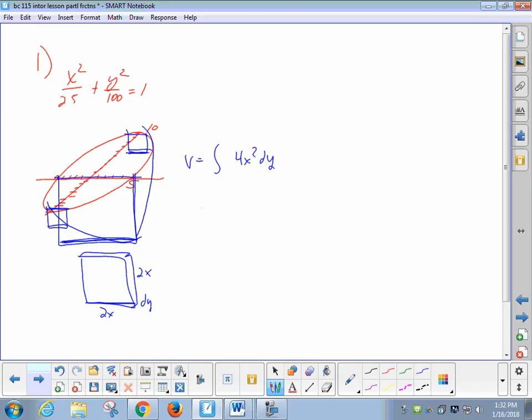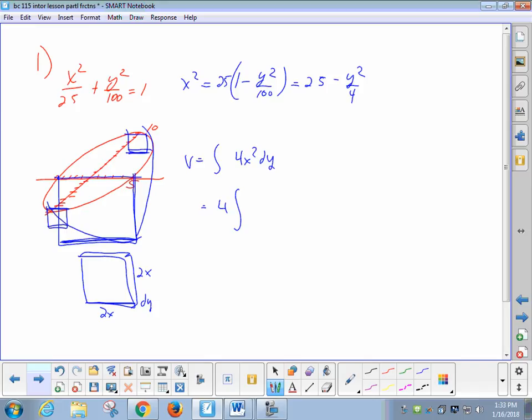Because it's y, we need to replace x squared with its y equivalent. x squared is 1 minus y squared over 100, multiplied by 25, or 25 minus y squared over 4.